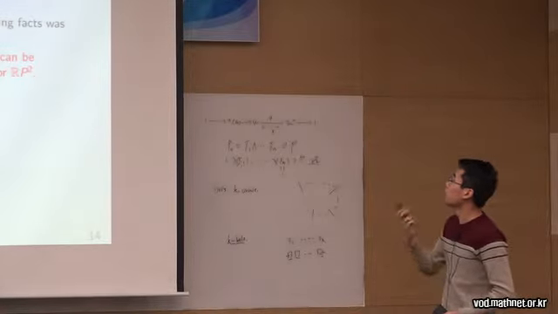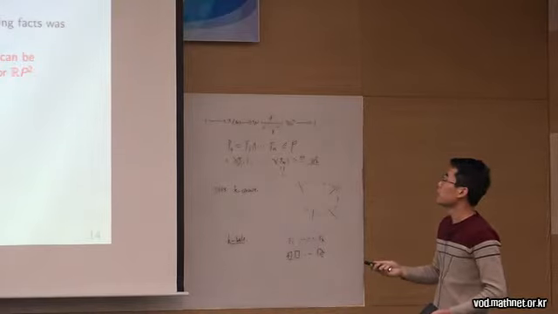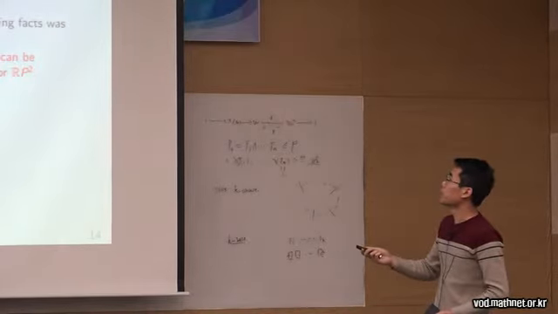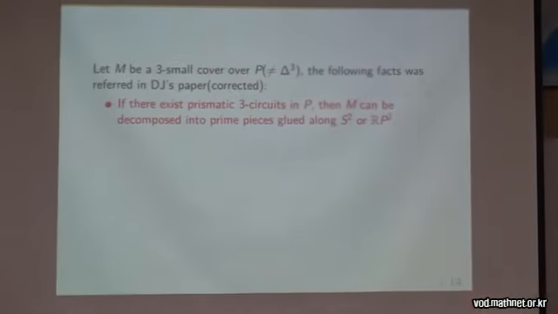The following facts were referred to in the DJ papers. If there is a prismatic 3-circuit in P, then M can be split into prime pieces glued along S^2 or RP^2.